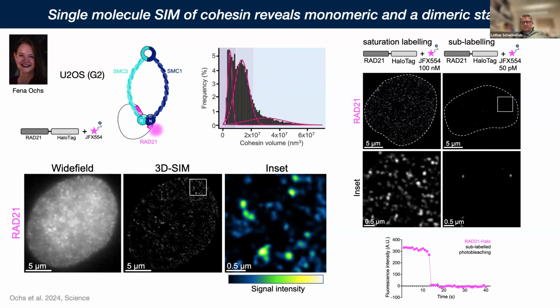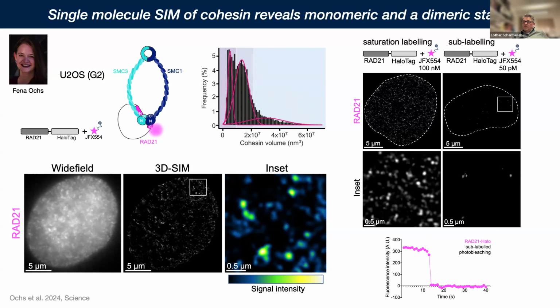By diluting the dye so that we only see individual small dots that have the same intensity as these dots, we can do stepwise photobleaching and indeed find just single steps.